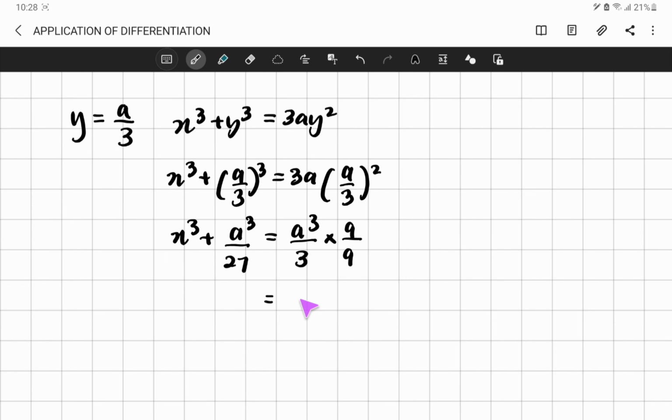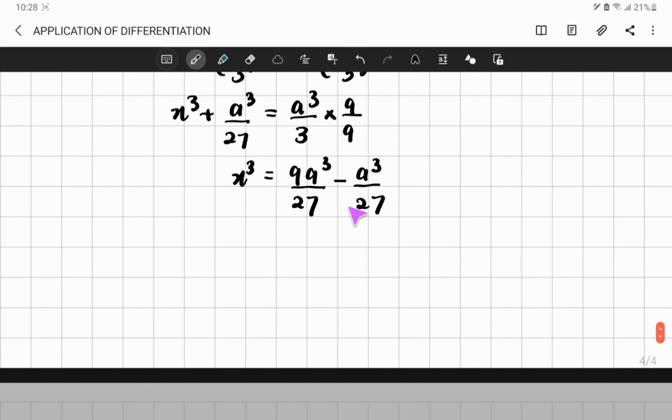We're going to get 9a cubed over 27, and let us bring a cubed over 27 to the right hand side. Then our x cubed is equal to 8a cubed over 27.